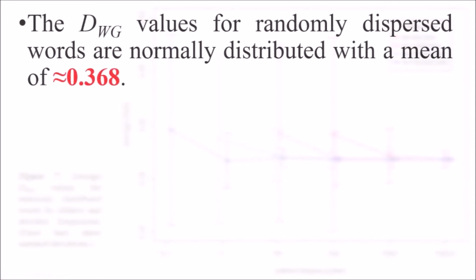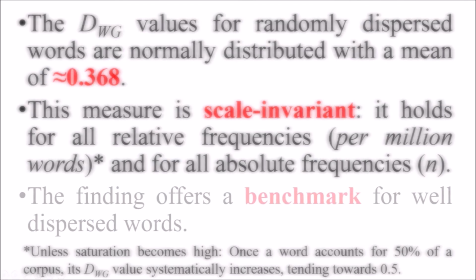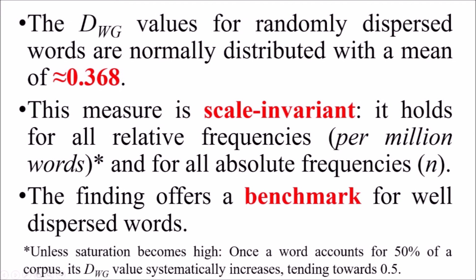To summarize, the DWG values for randomly dispersed words are normally distributed with a mean of about 0.37. This measure is scale invariant. It holds for all relative frequencies and for all absolute frequencies, and the finding offers an important benchmark. It suggests that well-dispersed words should have a dispersion value of, say, less than 0.4.